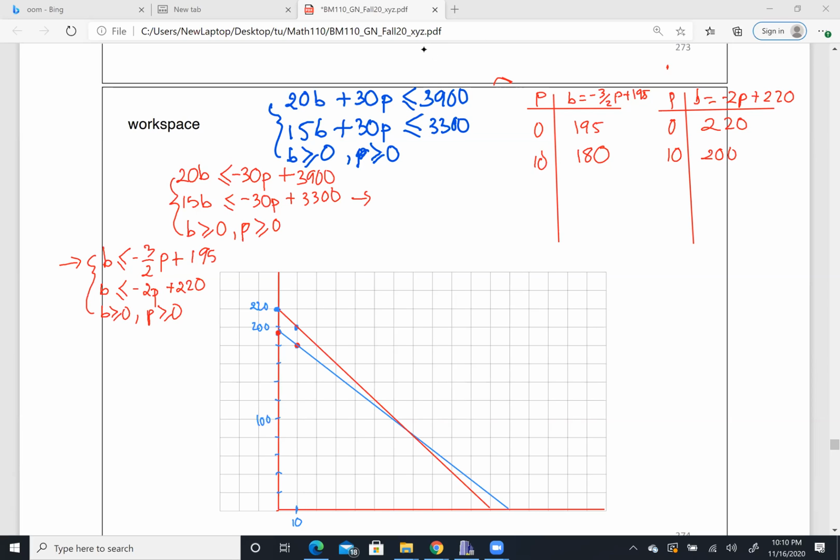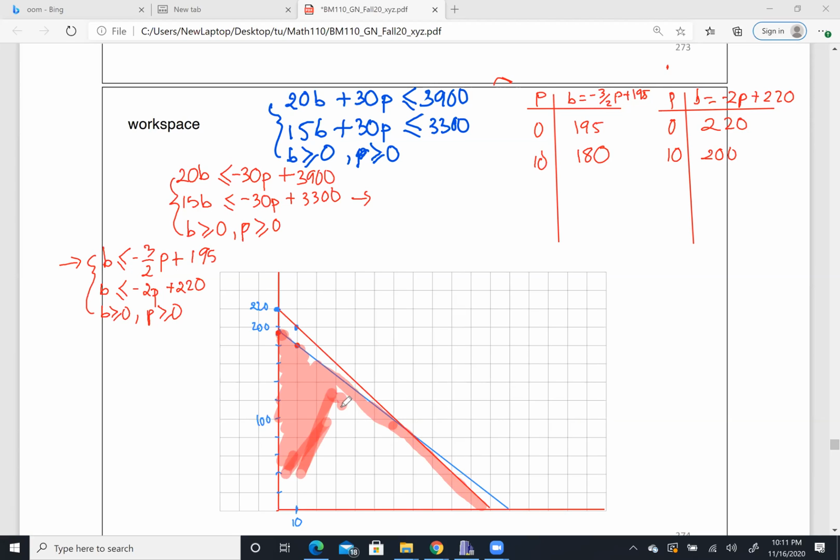So the solution area will be the red one over here, the area under both of these.